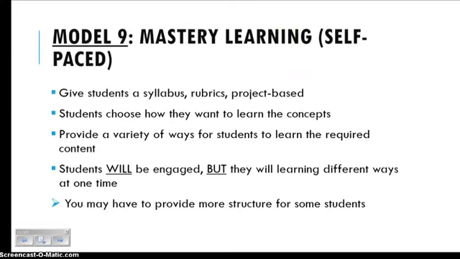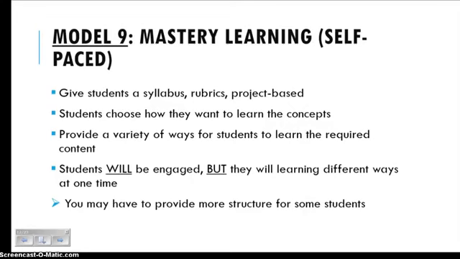They're excellent examples. Model 9 is called Mastery Learning. It's also called Flipped Mastery Learning, and it is the most difficult, mainly because students are learning different ways at one time all in the classroom. It gets a little hectic, but basically you have an idea of the concepts or the standards that you want your students to learn.